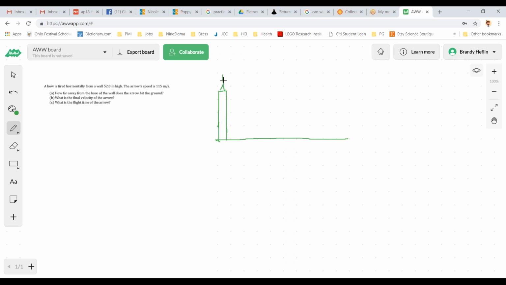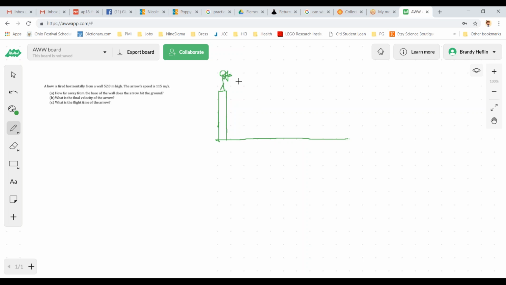So y'all get to witness my amazing stick figure art. So we have a bow and arrow like this. Okay, fantastic.